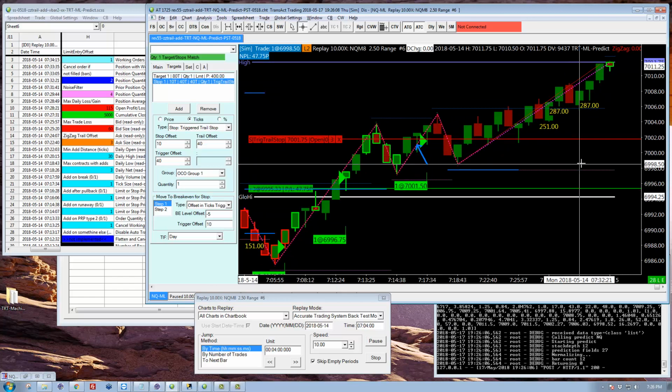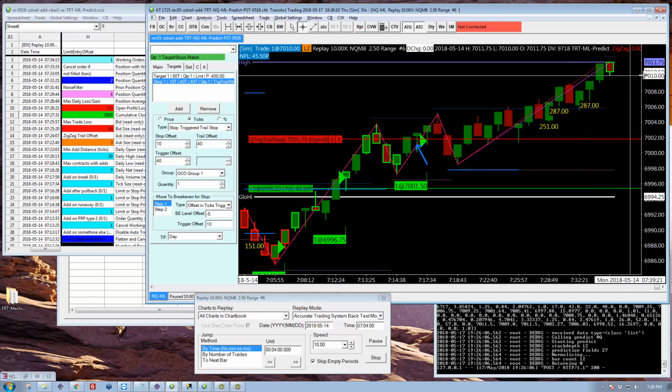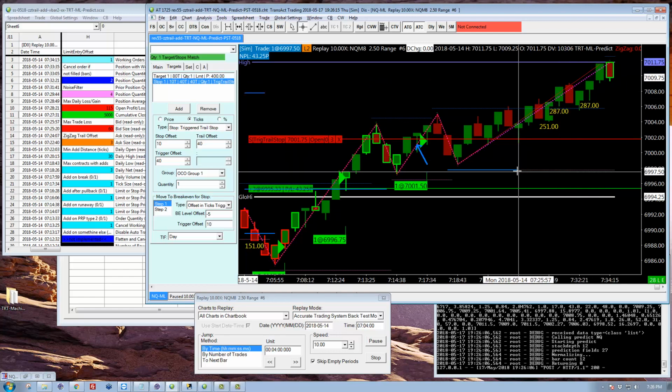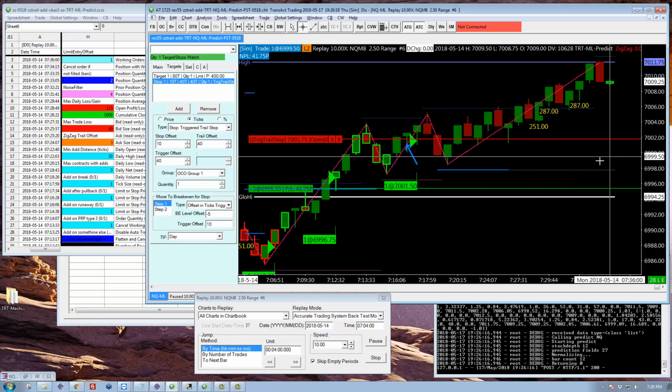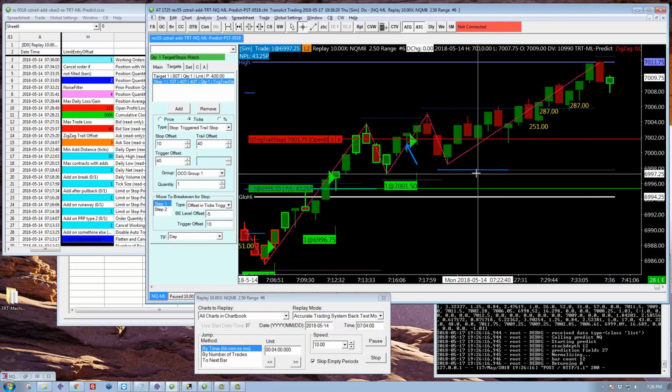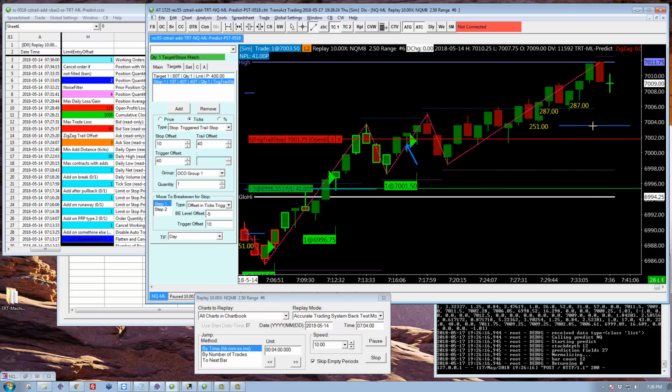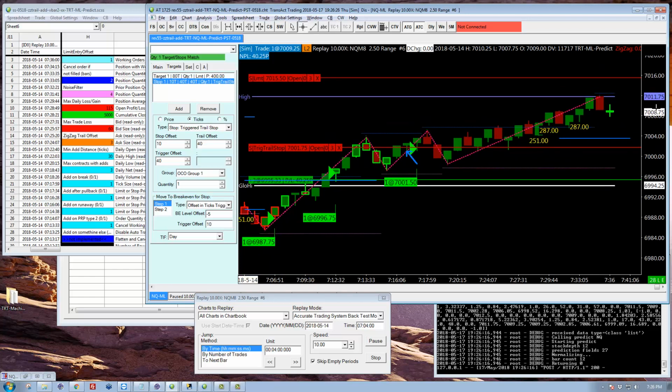So what's happening down here? We don't have a level yet that we would exit on, because the shadow trail is down here at this last zigzag. So we'll move this here once it pulls back. Target is up there.